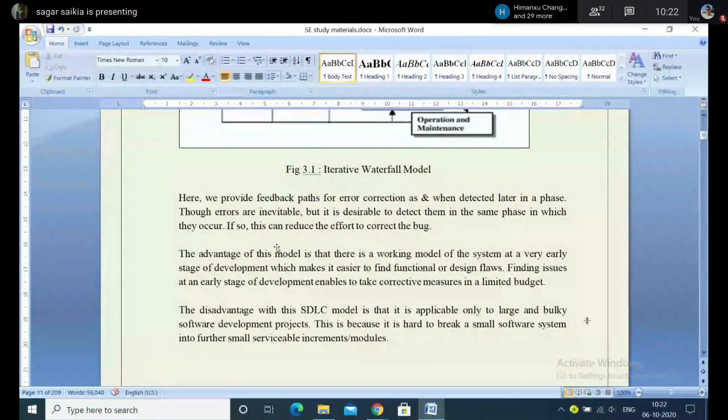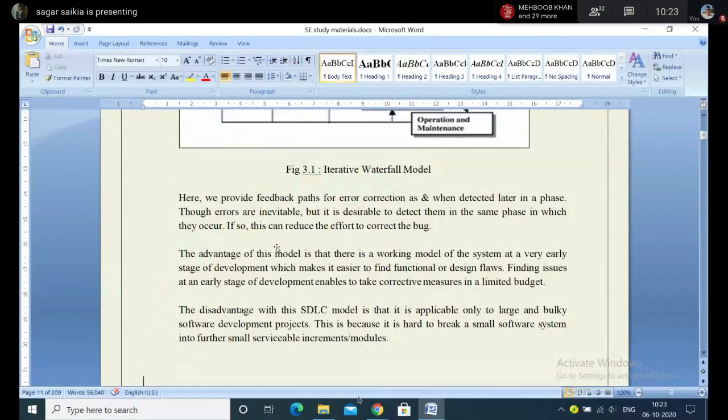The problem with this model is that it is not suitable for very large and bulky software development systems. That is one of the demerits, because in this case we are unable to break down a large software system into smaller modules or parts.